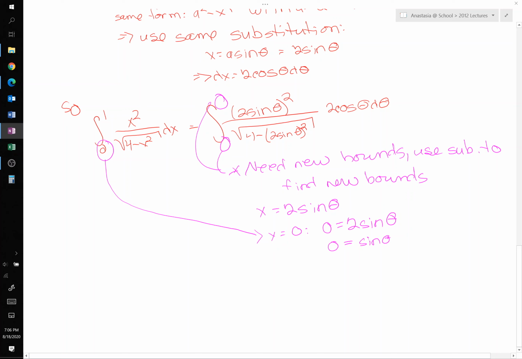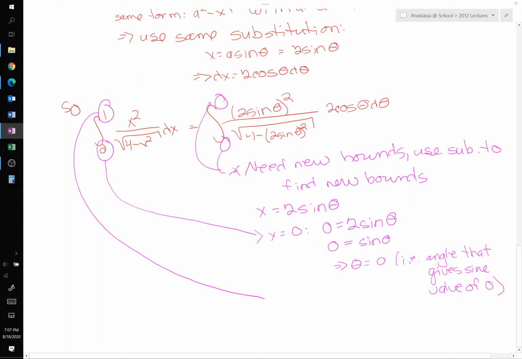So then we are looking for a theta value that gives us a sine value of 0. So this means that theta is going to be 0.